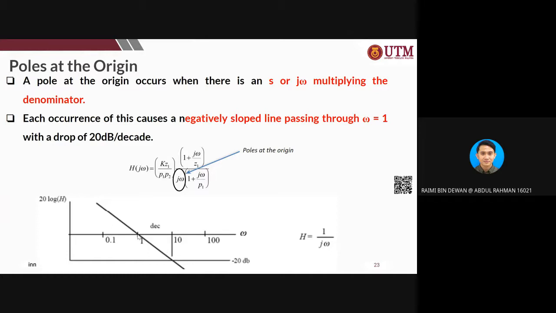You must make sure that you put a dot at 1 and a dot here, in order to make a straight line up to 20 dB at 0.1, which is a decade difference. So this is the pole at the origin, where you have s or j omega in the denominator, the bottom part.